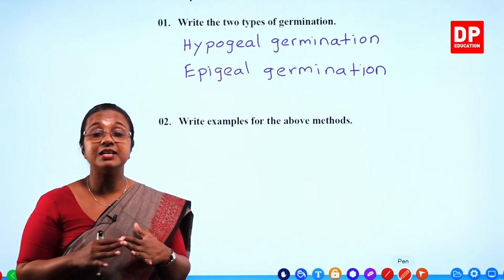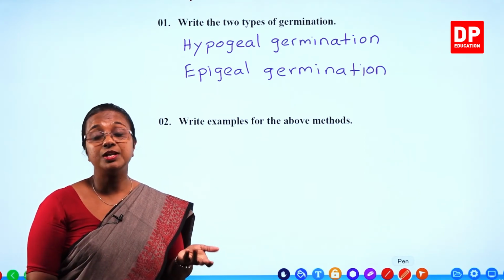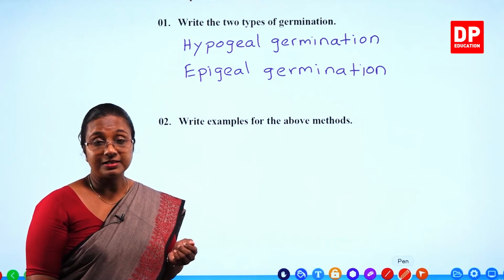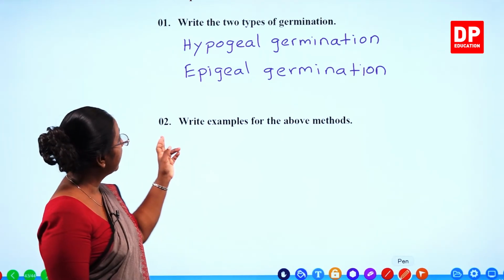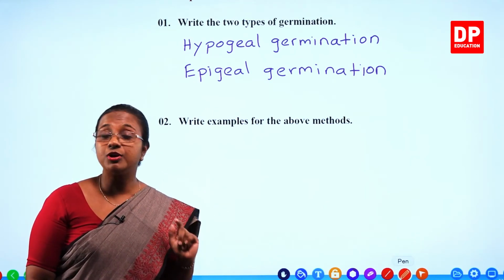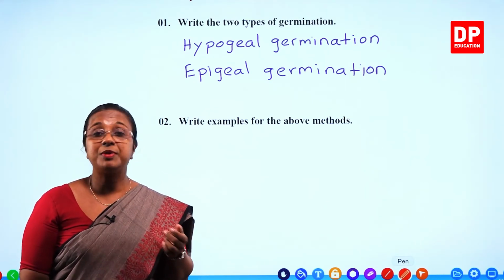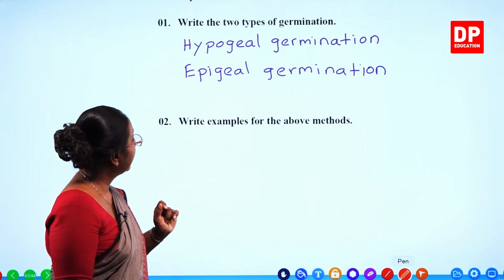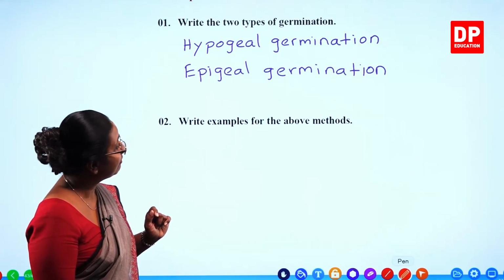They are present under the soil and they do not produce food for the plant seedling to develop. Whereas in epigeal germination, you all can remember the cotyledons, they come out of the soil and also they produce food. Then write examples for the above methods.